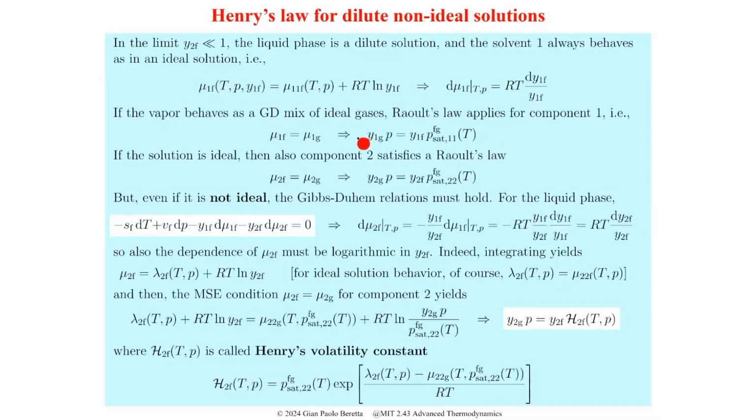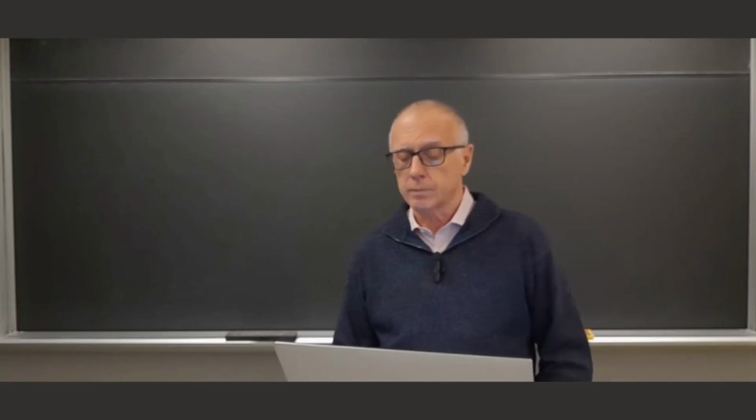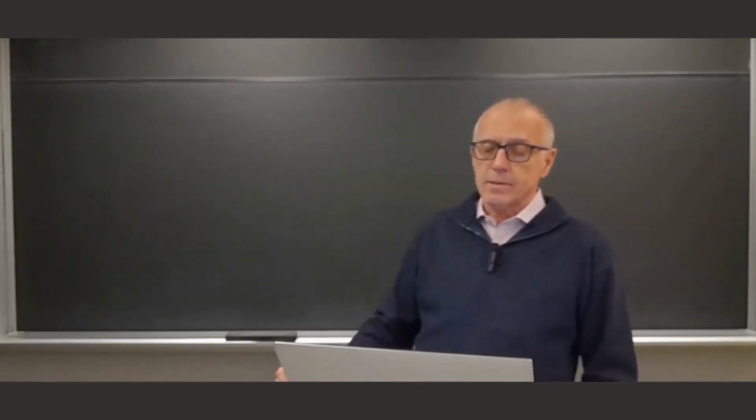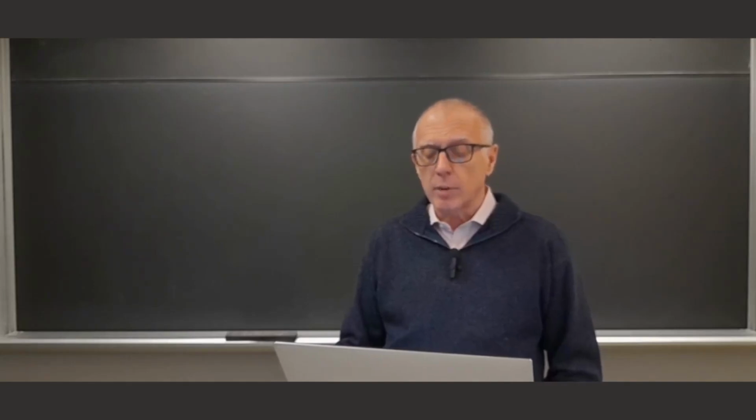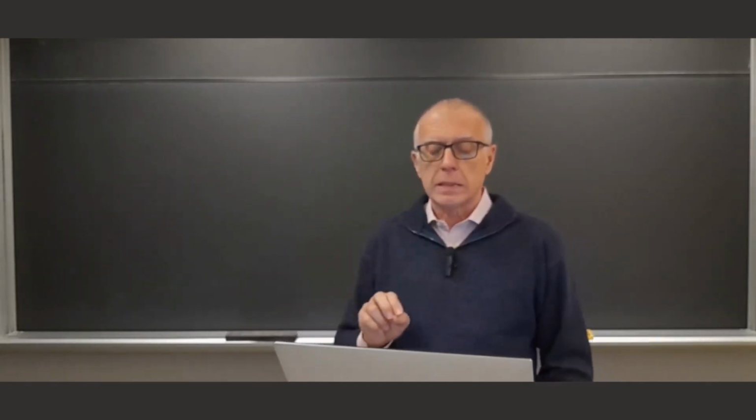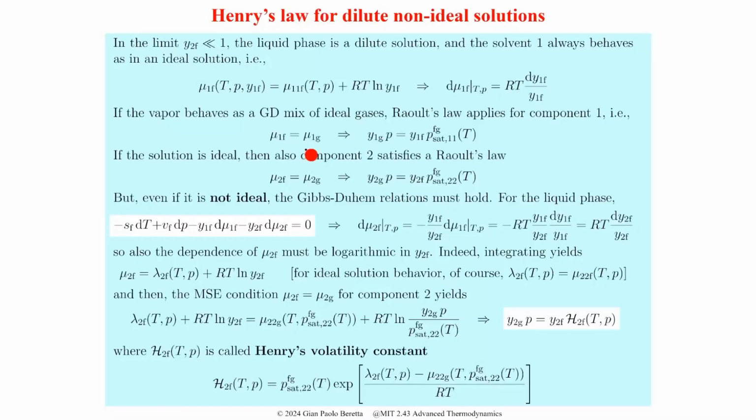We derive this by equating the chemical potentials of substance 1. And of course, if your mixture is ideal at all compositions, and both substances are volatile and condensable, you have also Raoult's law for the second substance. And so you have the same expression like here, only with the subscript 2 instead of 1.